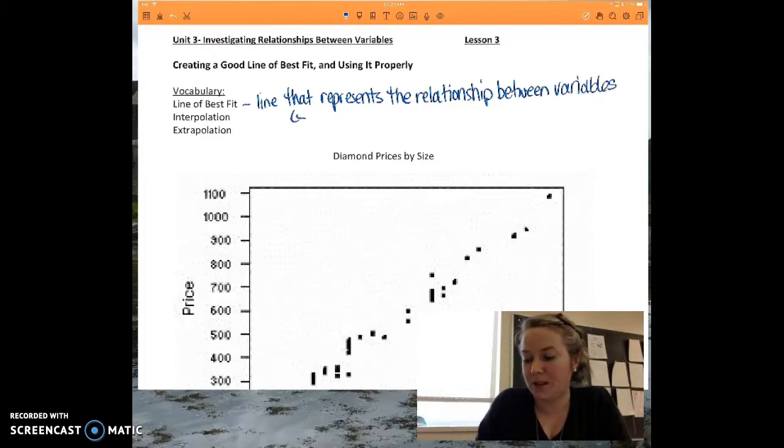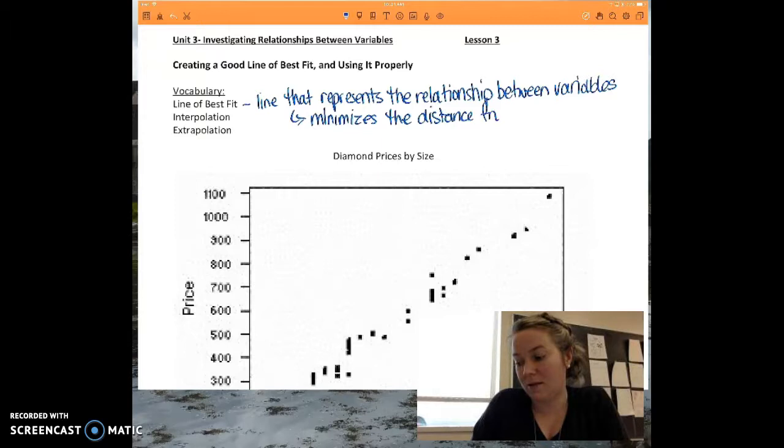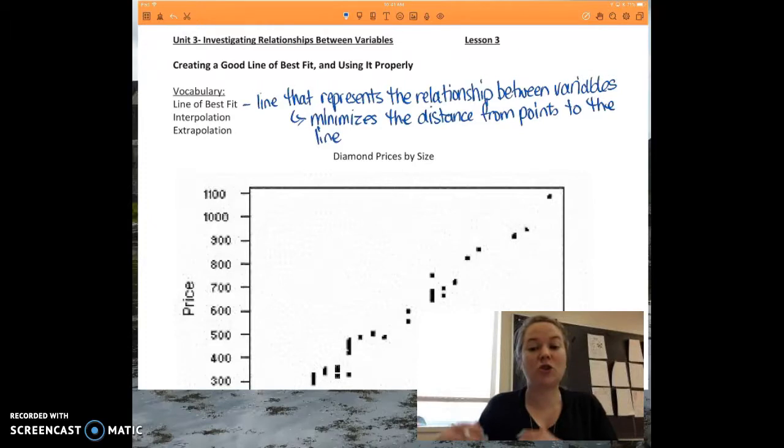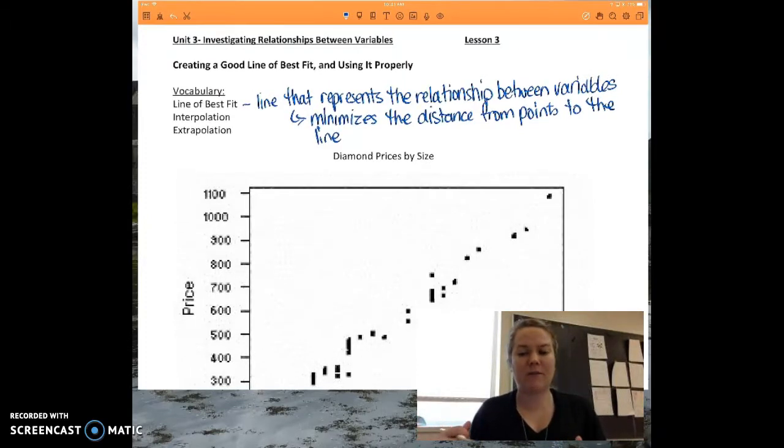It minimizes the distance from points to the line to try and show kind of the true relationship hiding behind the variability of real-world data.